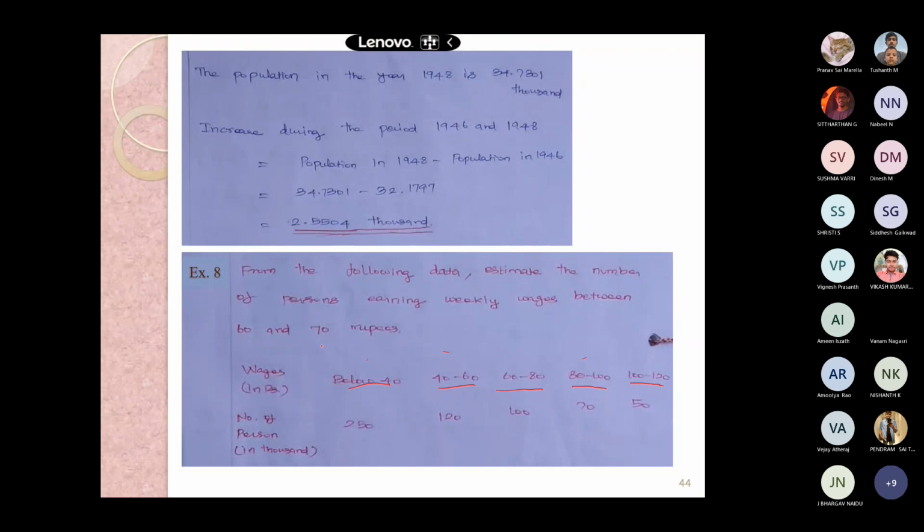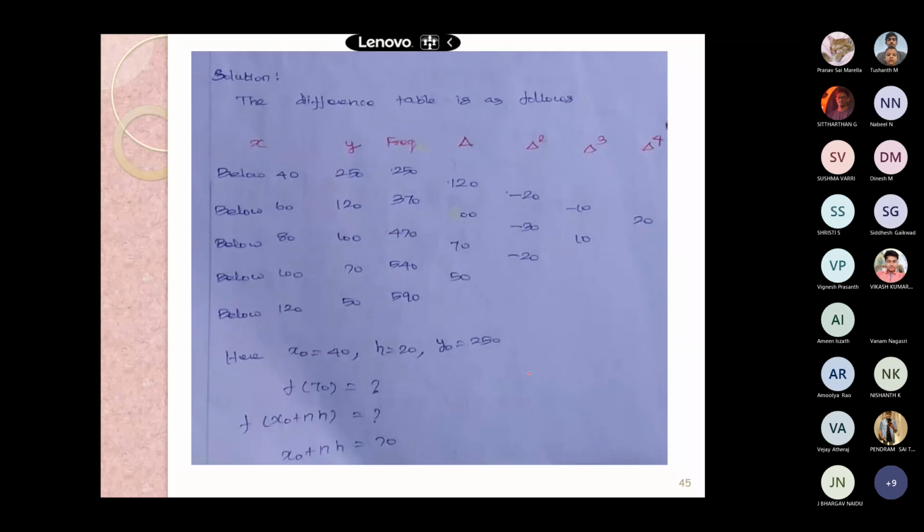And our focus is to find the wages between 60 and 70. See, 60 and 70, which is found in this particular area. So I have converted into below 40, below 60, below 80, below 100 and below 120, and this is for Y, 250, 120, 100, 70 and 50.